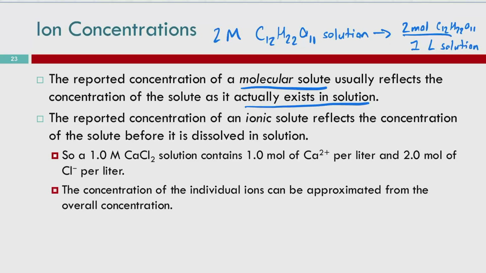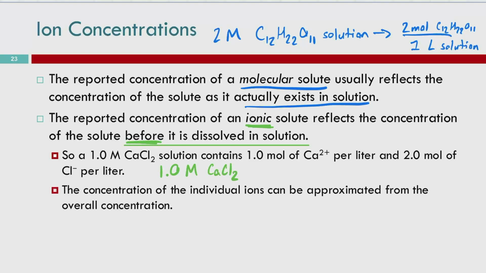However, this does not hold true for all ionic solutes. For ionic solutes, it reflects the concentration before it is dissolved in solution. So for example, if we have a 1 molar calcium chloride solution, when we dissolve this, calcium chloride is a strong electrolyte, the calcium is going to separate off from the 2 chlorides.